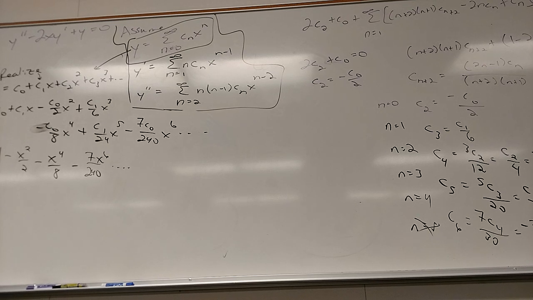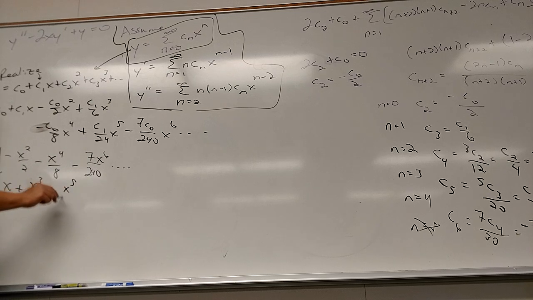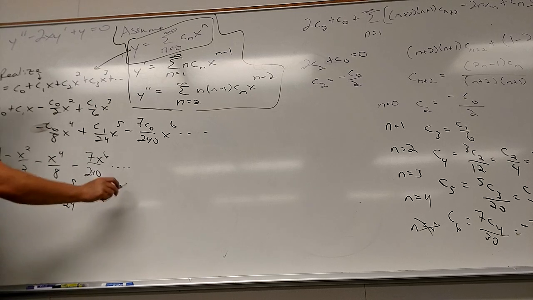And the other one is the one controlled by C1. That would be C1 times x plus x cubed over 6 plus x to the 5th over 24. That's all we did. Yay.